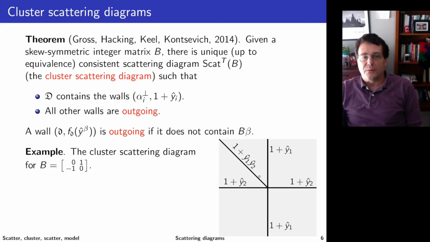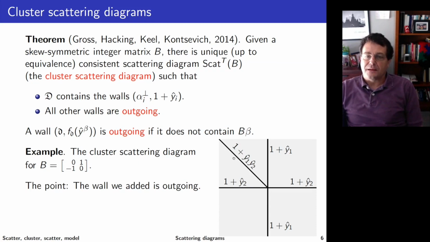As an example, this wall that we put in is outgoing, and in this case, the vector that we would have to avoid is actually here, if you can see where my mouse is waving. The vector that we would have to avoid is there, but that's fine. We put the other ray in that does not contain this vector in the bottom right quadrant. So this is the cluster scattering diagram in this example for this exchange matrix.